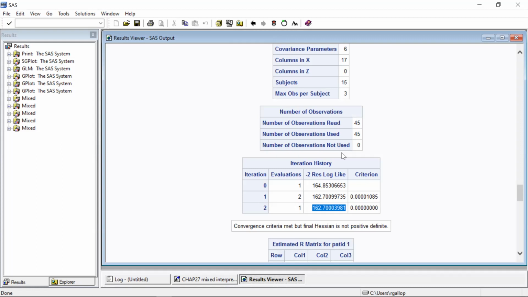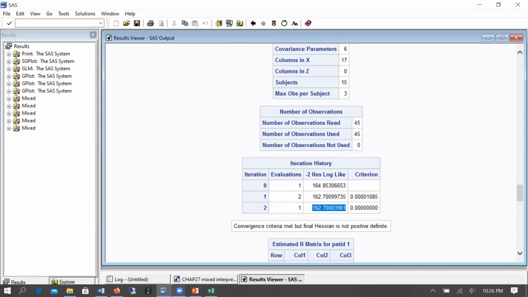So in this case, the bigger the value of the likelihood function, the better the fit. The bigger the value of the log likelihood function, the better the fit. When you multiply that log likelihood function by minus 2, this now means the smaller the value, the better the fit.